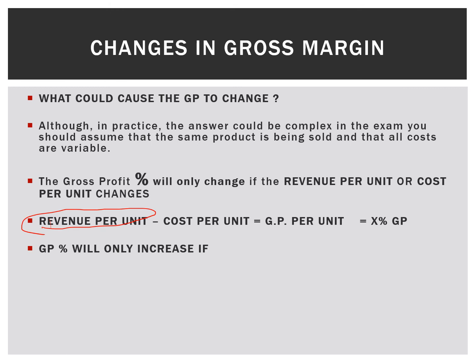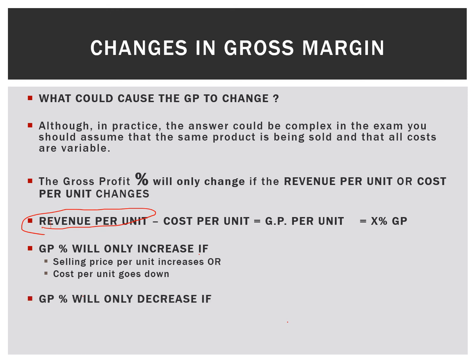The gross profit percentage will only increase if either the selling price per unit goes up or the cost price per unit goes down. And in the case of a reducing gross profit, it will only go down if we reduce the selling price or the cost per unit increases.